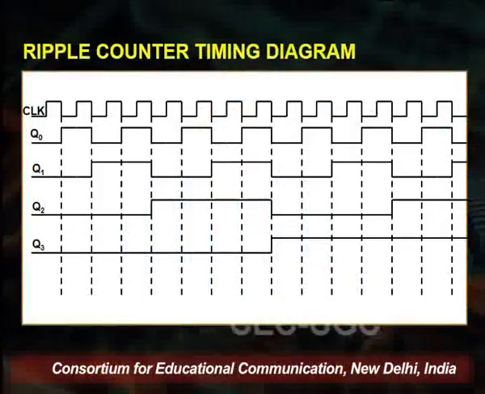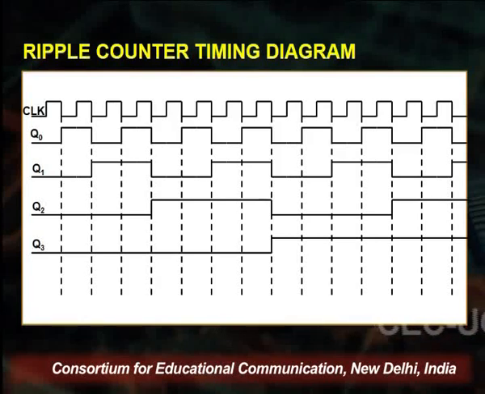Then it is 1 0 1 0, 1 0 1 1, 1 1 0 0, 1 1 0 1, 1 1 1 0, and finally at the 15th clock edge we get the output as 1 1 1 1.